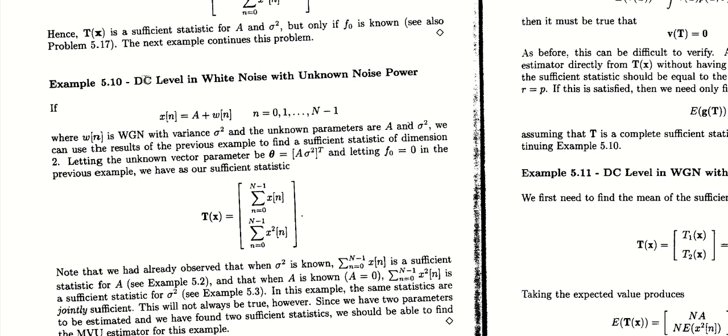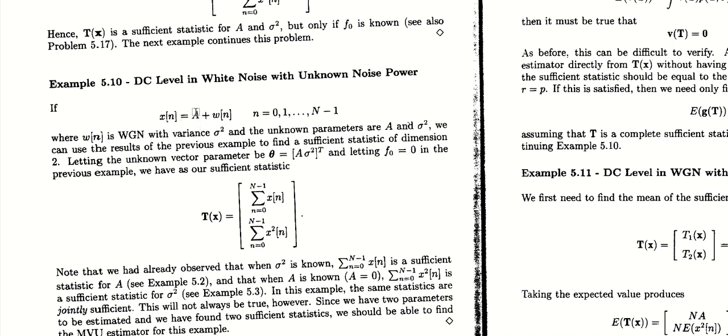Example 5.10, DC level in WGN with unknown noise power. So if we have xn equal to A plus Wn, where Wn is WGN with variance sigma square, and the unknown parameters are A and sigma square. Recall, this is not sinusoidal.